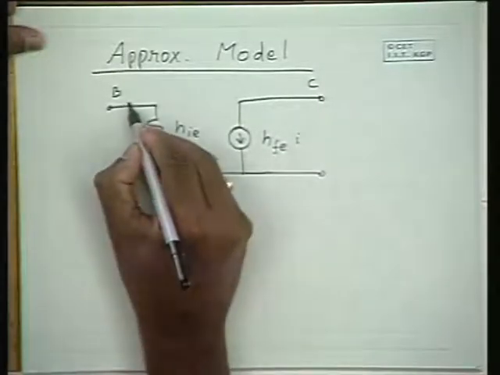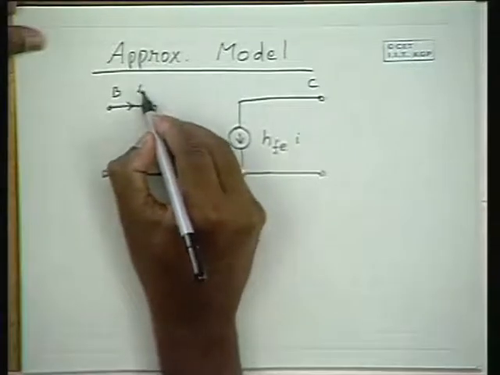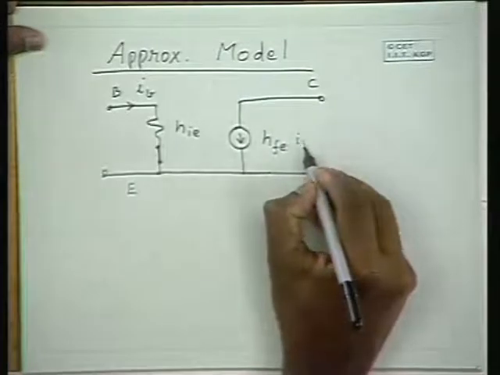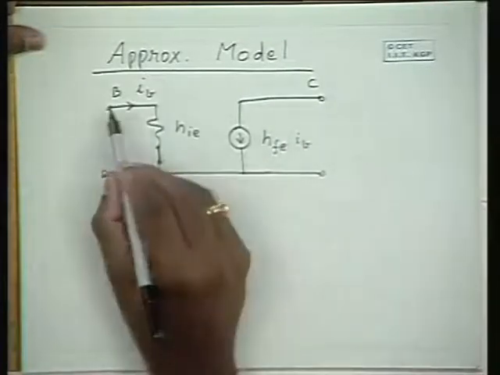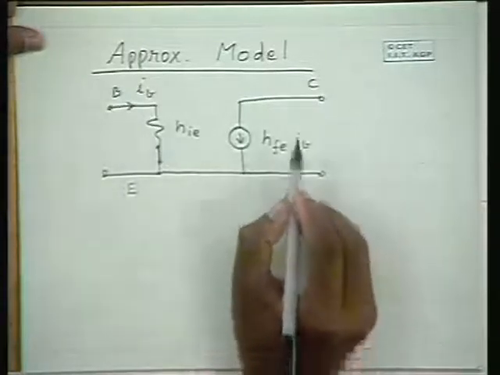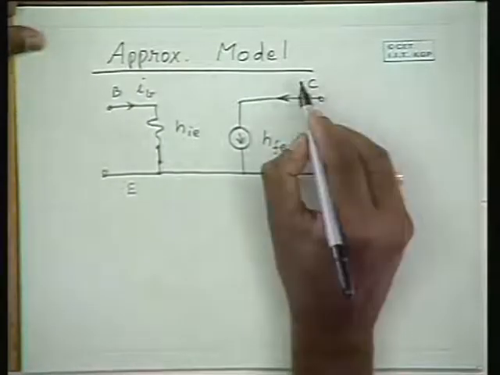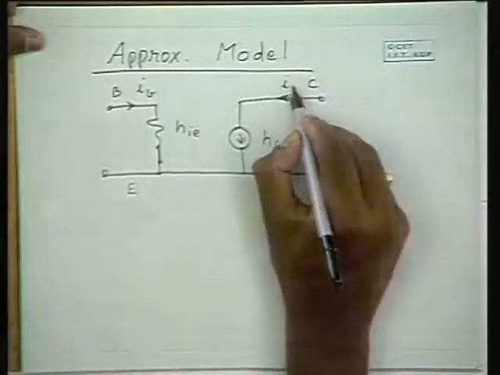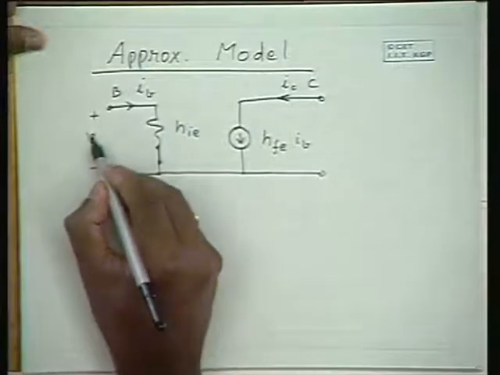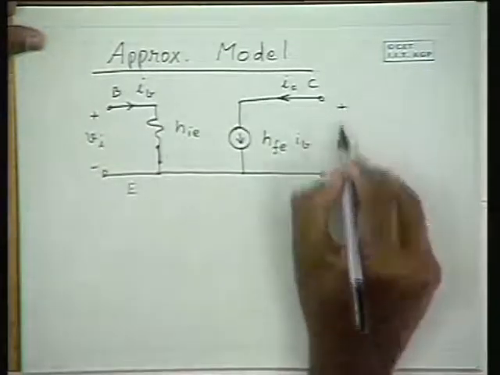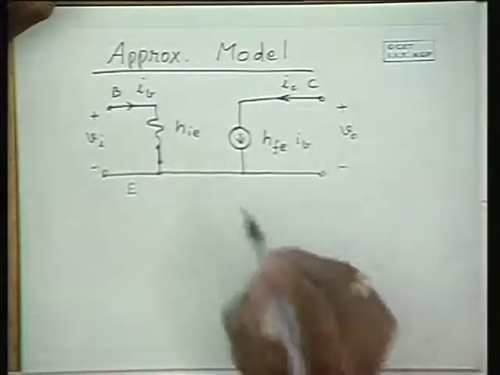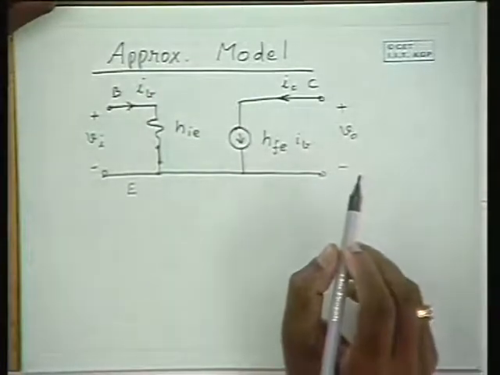And if you represent the input current by the base current IB, this becomes HFE IB, or if you indicate this by II, it is HFE II. So this is IC, this is VBE or VI, this is output voltage V naught. So this is the approximate H parameter model.